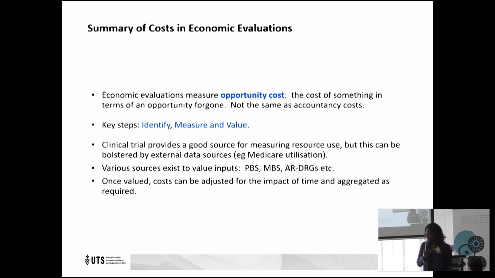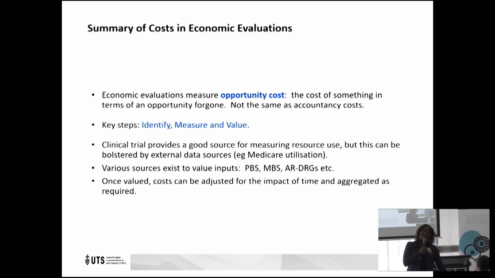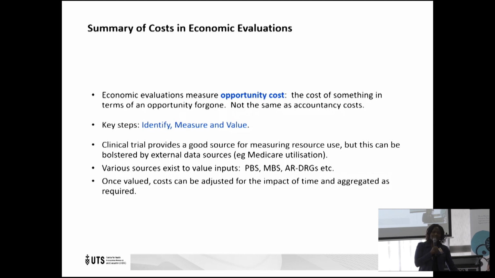So in summary, at least if you don't remember anything today, remember that there is always opportunity cost. There is always a cost to whatever you choose to do. It could have been done differently, or the resource that you have could have been used for something else.